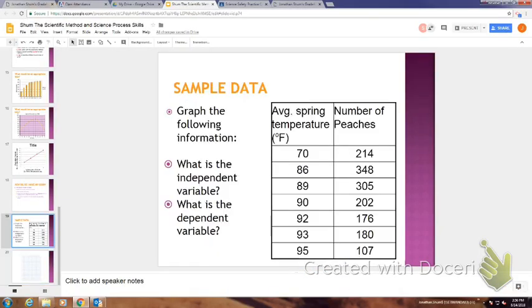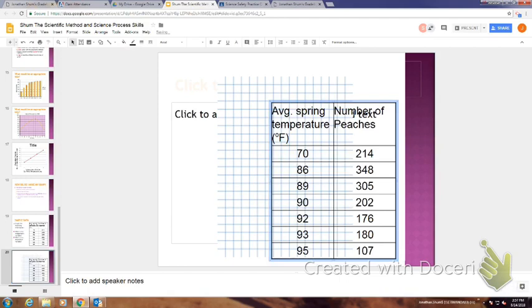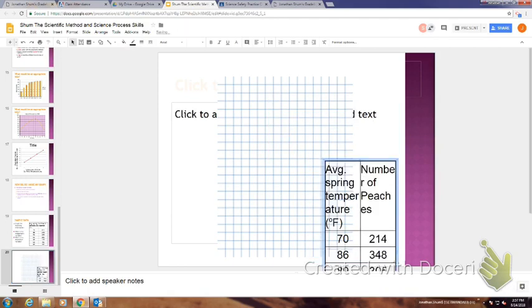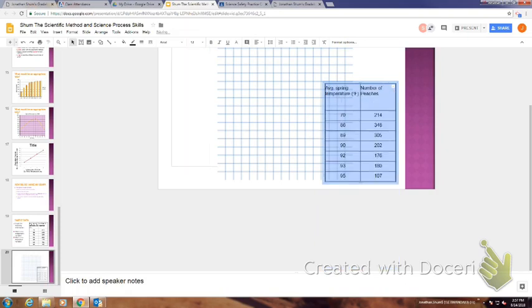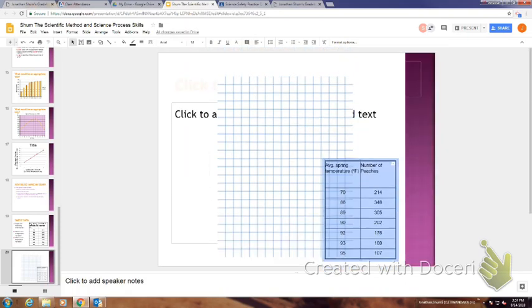Let me copy and paste this over. All right, so that way we can have it in the same place. So I want you to make a graph.